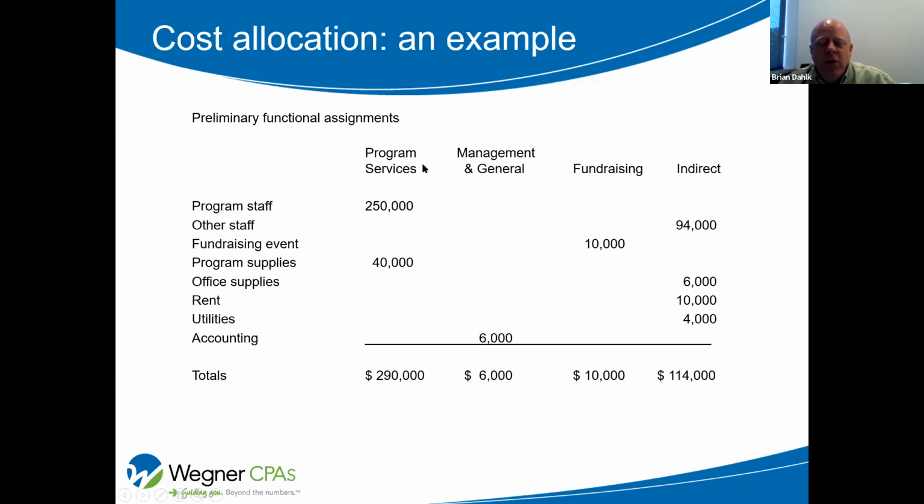Many nonprofits will have multiple program services, so you don't have to have just one. And then at the far right, we have the indirect costs. So these amounts were able to be directly assigned to these functions because they directly relate to a particular function. And these indirect costs are not directly relatable to a particular function, so they need to be allocated.